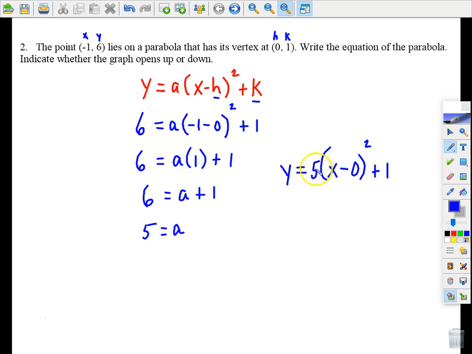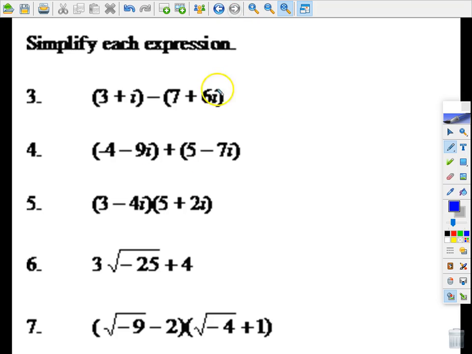This isn't terrible, but I hope you recognize that X minus 0 is just X. So really, this would be a better way of writing that equation: Y equals 5x squared plus 1. So that is the answer for number 2 on your Chapter 5 review sheet.